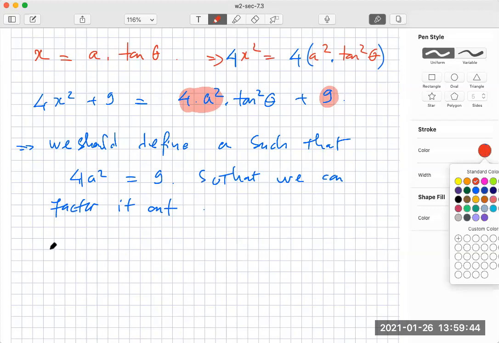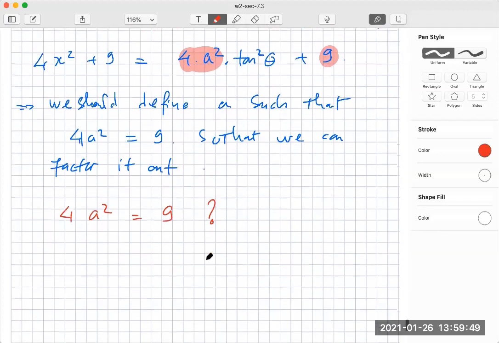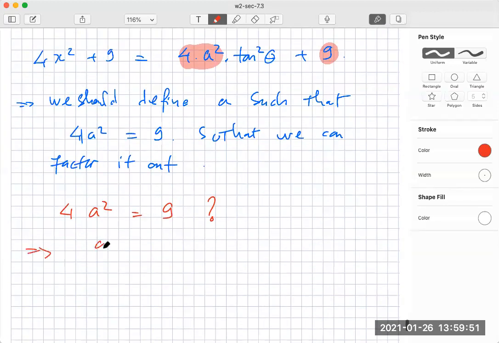So what should we do? Then a squared should be 9 over 4. Therefore, a will be the square root of 9 over 4, which should be plus and minus, what is it? Yeah, 3/2. But we pick only one thing. We pick a positive number, so it makes our life easier, right?